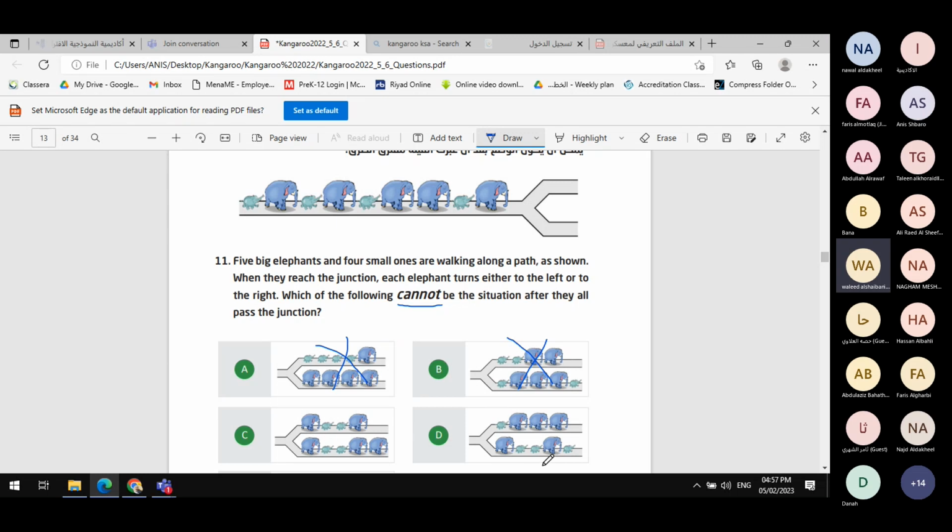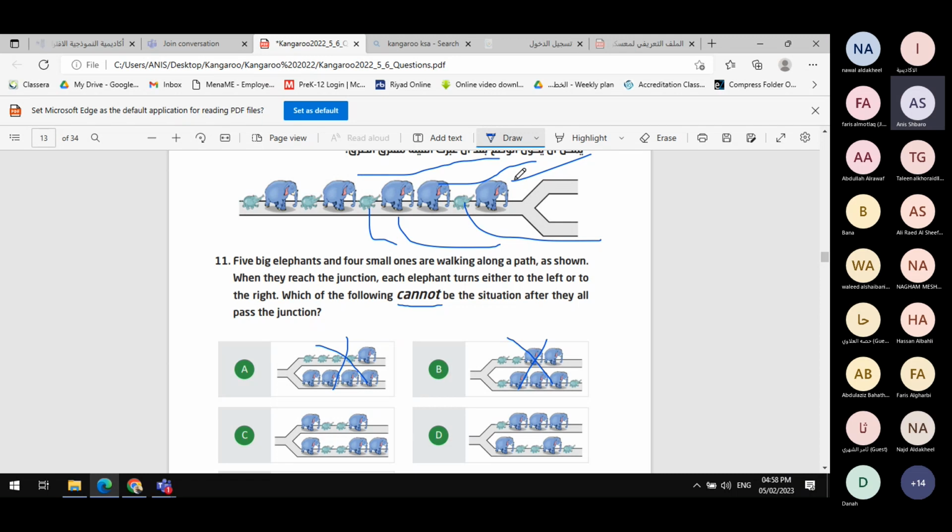Okay, so first we start with the first one, up. The second one we start with it down. Okay, then up, down, down, up.